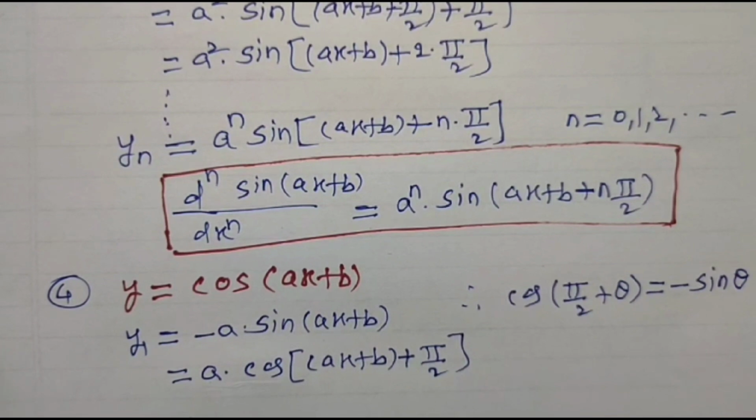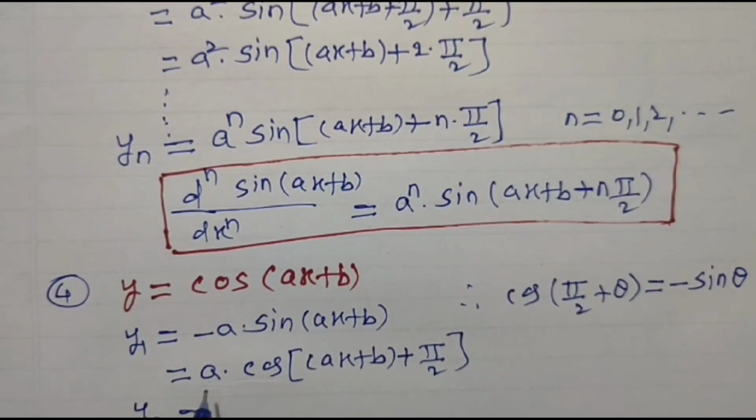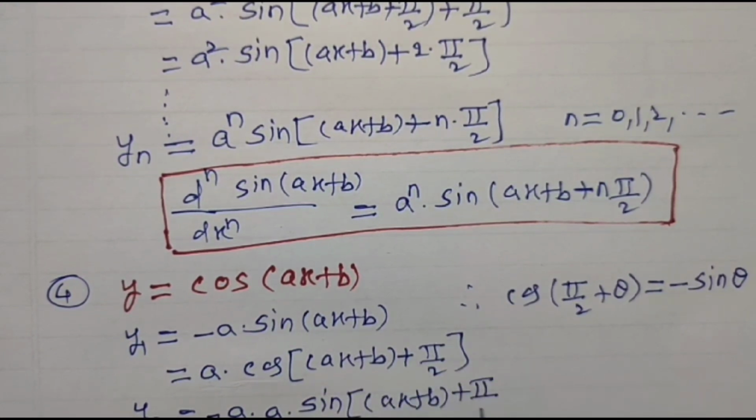Now differentiate this with respect to x, that gives y2. a is constant, the derivative of the cosine function is minus a into the derivative of this, that will be a into sine of (ax + b + pi/2).